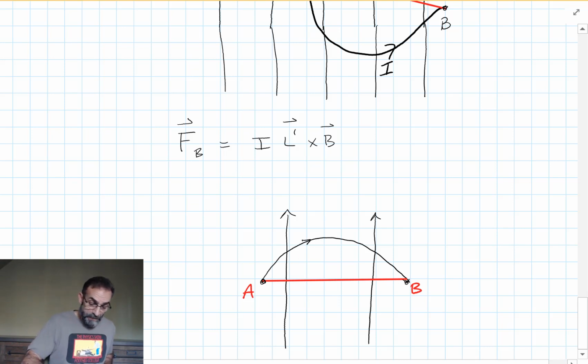So we can break up the current into a part that is perpendicular to that line and a part that is parallel to that line. And we can do that all along this whole path.